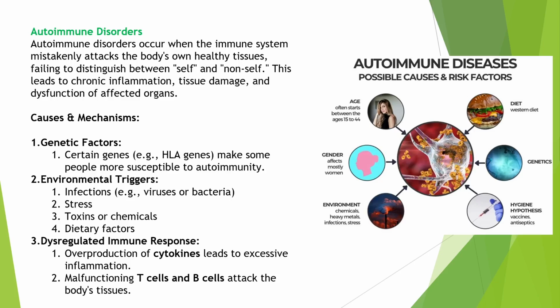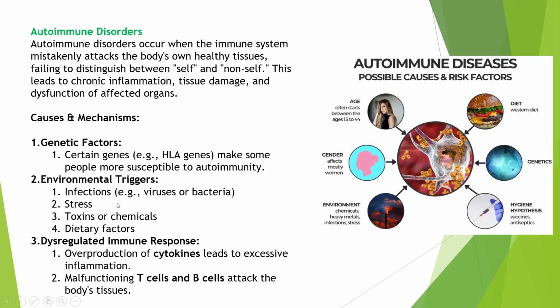Since these bacteria and viruses will trigger the immune response, if the immune response is against that particular peptide which is similar or identical to a self peptide, then because of that, your self peptide also will come under the action of your immune system.